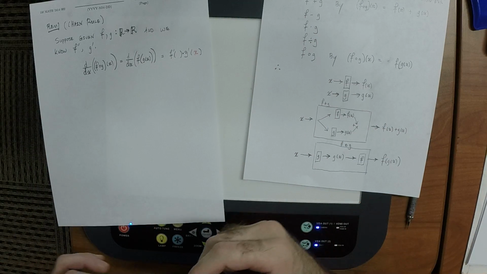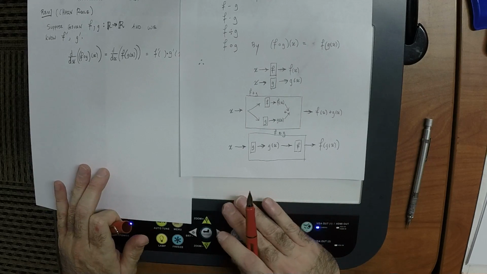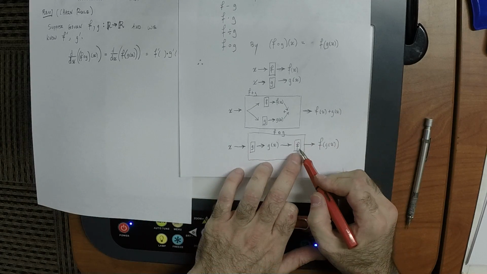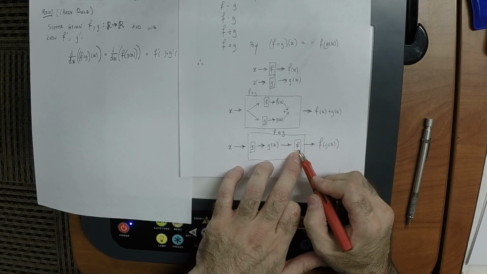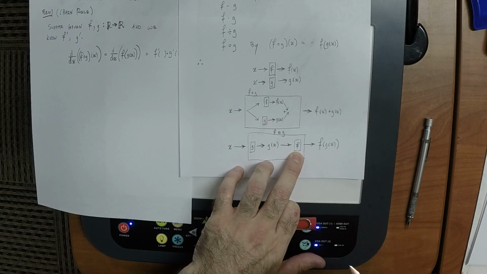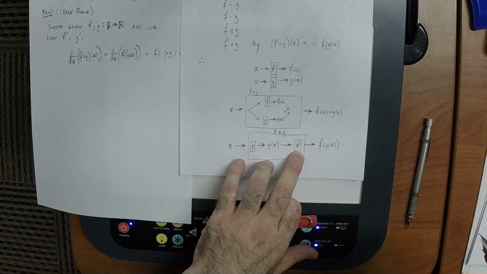But F is taking G of X. So consider here, what is the input to the F machine? Is the input to the F machine X? No, it's G of X. So the derivative of F has to be evaluated there.